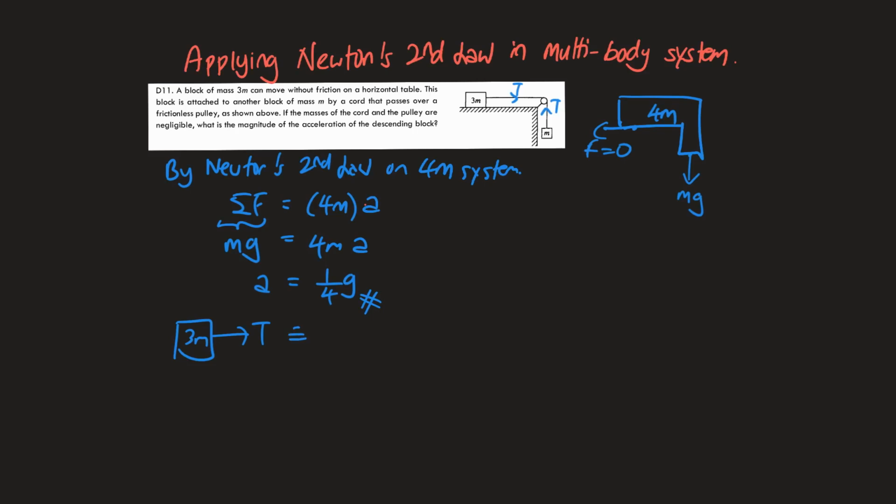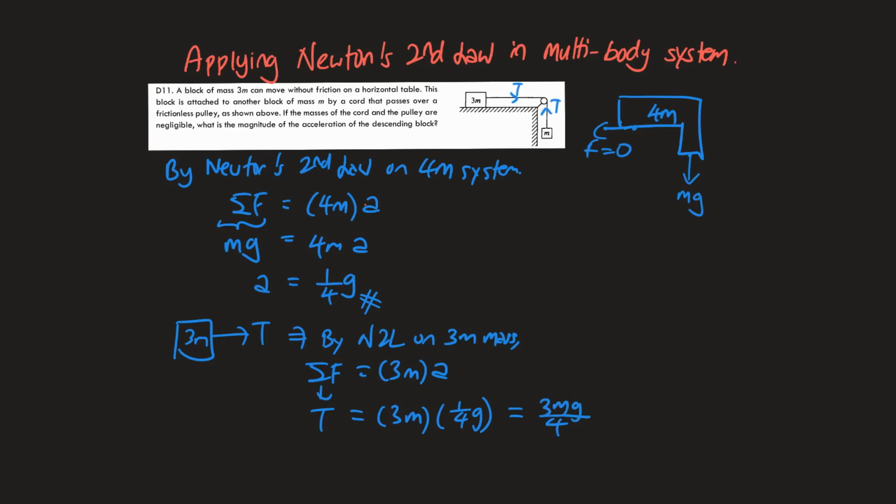And from here, if we apply Newton's second law again on this 3m mass, the net force equals 3m times acceleration. With the net force being just the tension force, we can then sub in the same value of acceleration to figure out what is the value of the tension force.